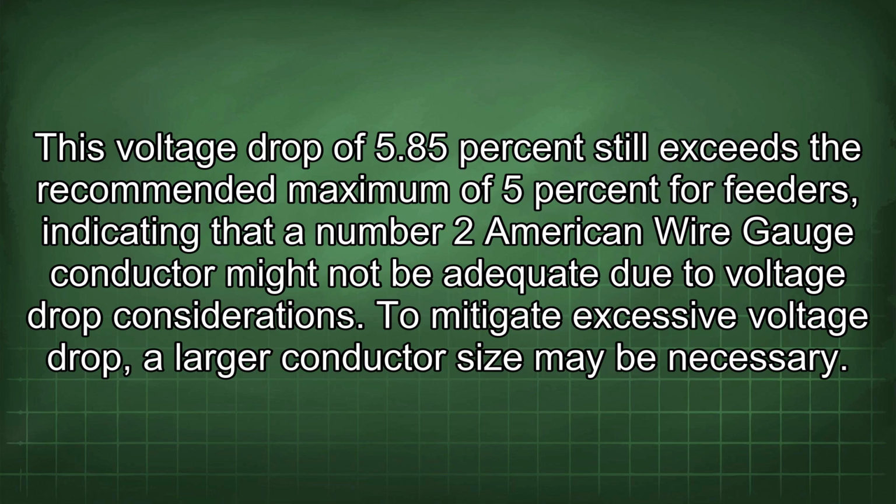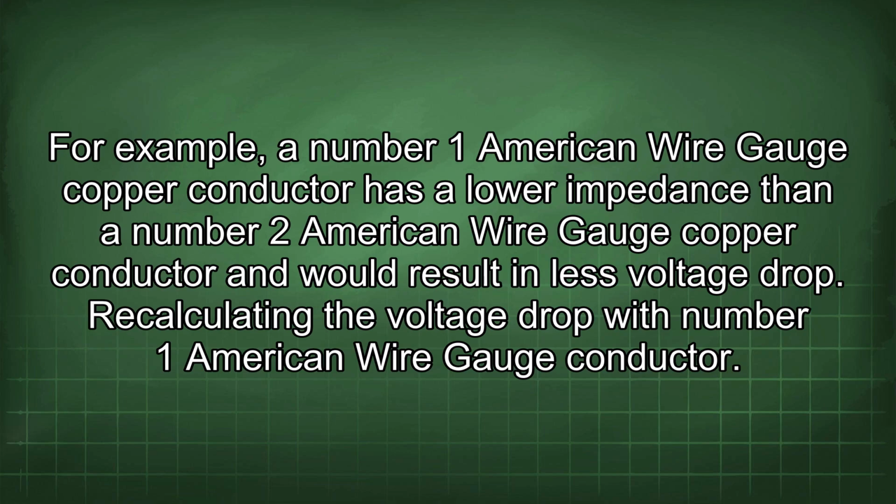To mitigate excessive voltage drop, a larger conductor size may be necessary. For example, a number 1 American wire gauge copper conductor has a lower impedance than a number 2 American wire gauge copper conductor and would result in less voltage drop. We're calculating the voltage drop with number 1 American wire gauge conductor.